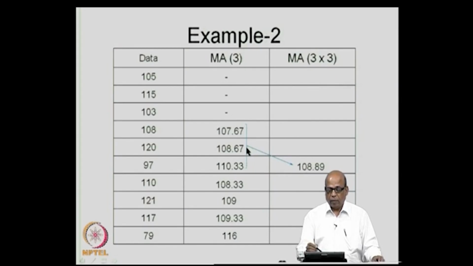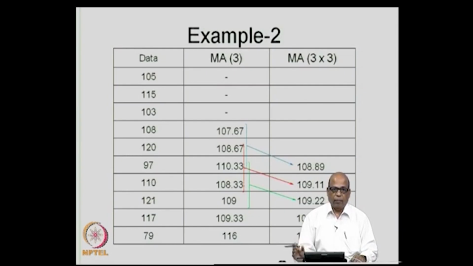Like this, next time we use these 3 moving averages to compute the forecast for this and so on. So, this is a moving average of 3 by 3, a second order moving average. These are some of the methods based on averages.